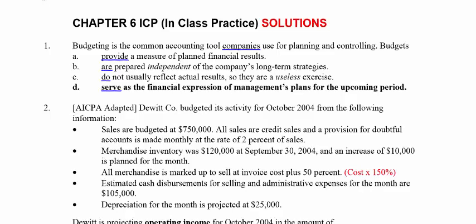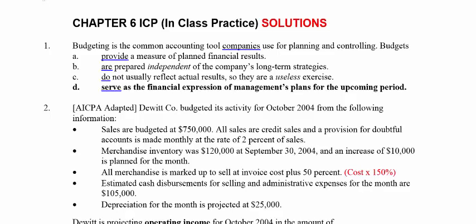So number 1, A is incorrect. It doesn't provide just a measure of planned financial results. B is not correct because it says budgets are prepared independent of the company's long-term strategies. That's definitely not correct because of the word independent. Budgets tie in with our long-term strategies.